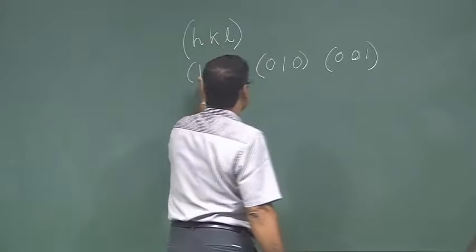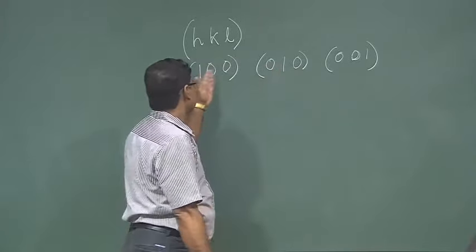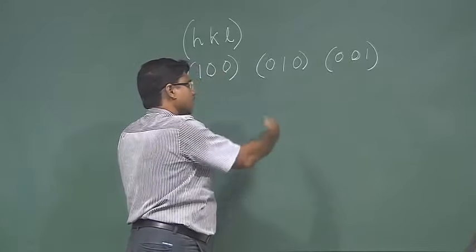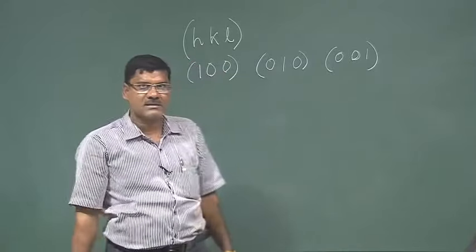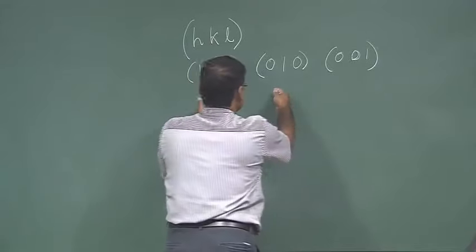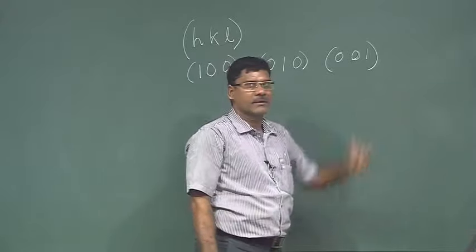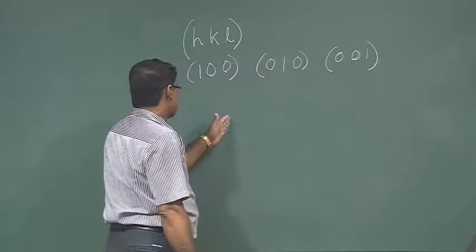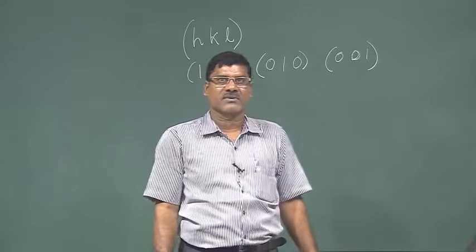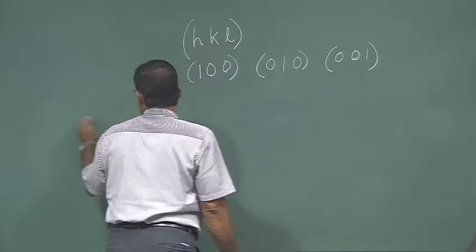Now, when I showed this 1 0 0, that plane intersects the a axis, at 1a or 2a, 3a, 4a. It can also intersect on the other side, the negative direction of the a axis: minus 1a, minus 2a, minus 3a.